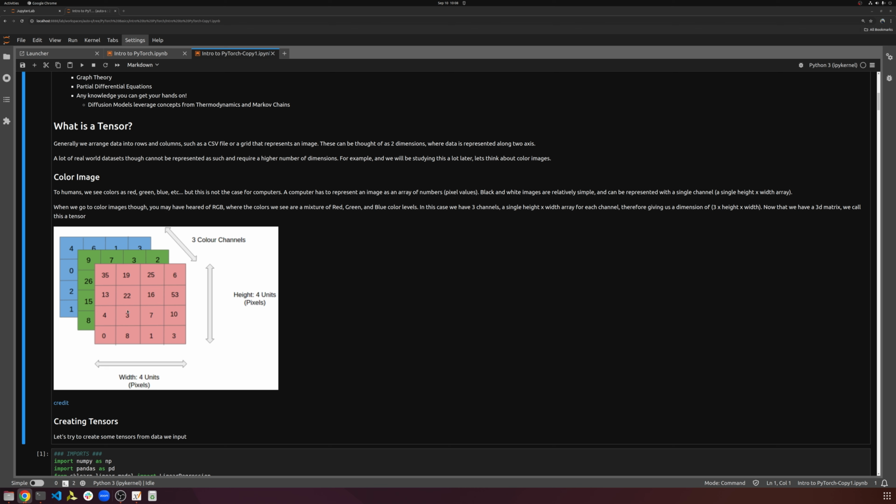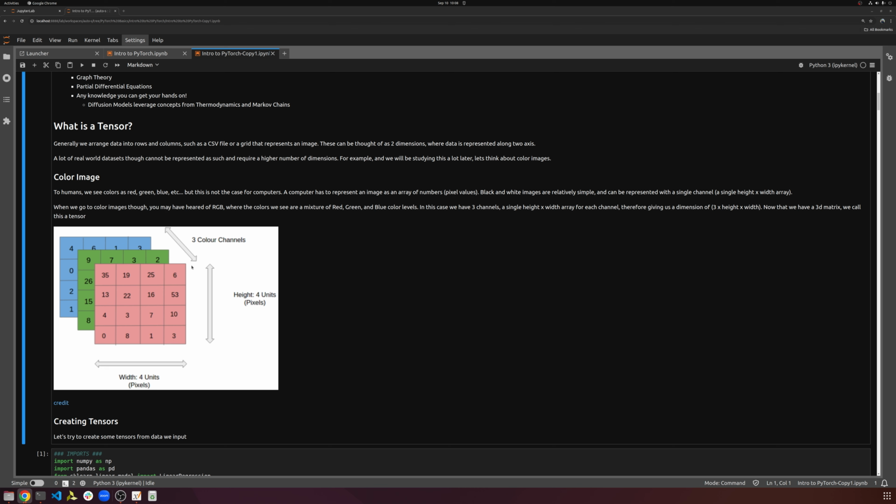The moment we leave a two-dimensional grid of numbers to maybe 3, 4, 5, however many, that's when we typically call it a tensor. And so a color image, for example, is a tensor. Why is this? Because each image has a height and width, in this case a 4 pixel by 4 pixel image, and there's also a depth channel.